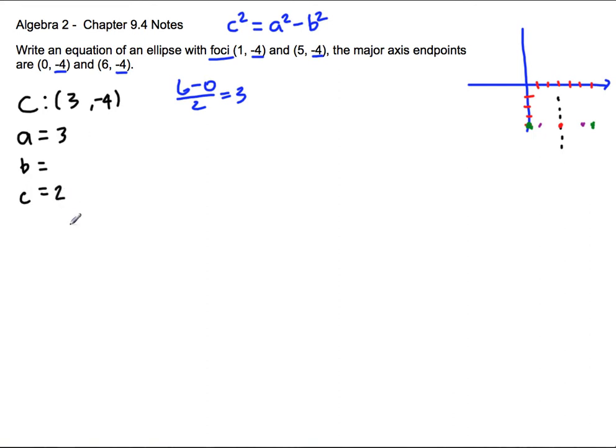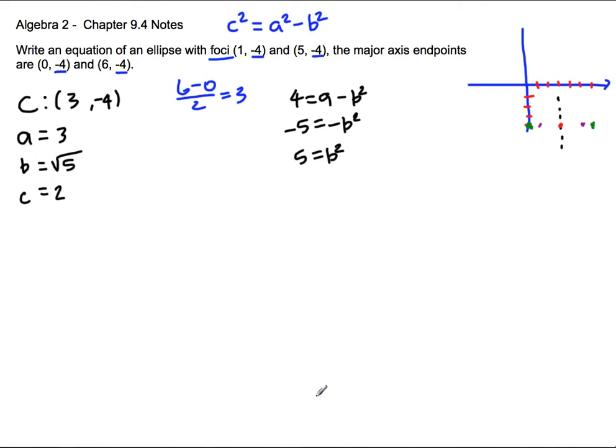That's my c value. How can I find the missing b value then? I can just use my relation. So I'm going to have 4 equals 9 minus b squared. Subtract 9 from both sides and divide both sides by -1. And so I get that b squared is 5, so b is the square root of 5.